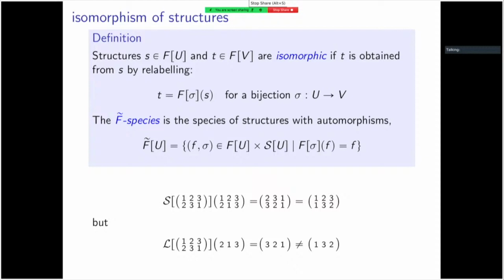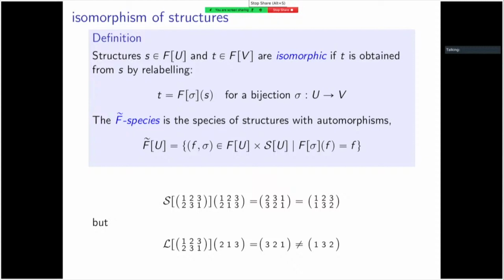If I apply this relabeling to this permutation, I replace all the 1's by 2's, so these two 1's become 2's. I replace all the 2's by 3's, so these two 2's become 3's. And I replace all the 3's by 1's, so these two 3's become 1's.